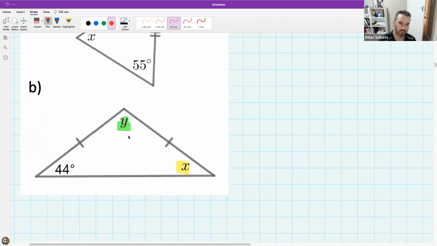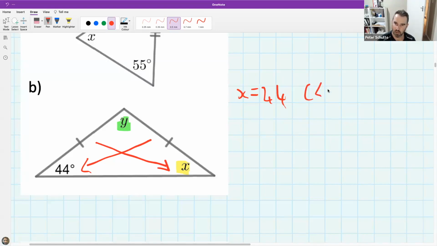So these whiskers mean that these are equal sides. And if they're equal sides, the angles opposite these equal sides must be equal. And so we would say angles opposite equal sides, and that's going to be 44.